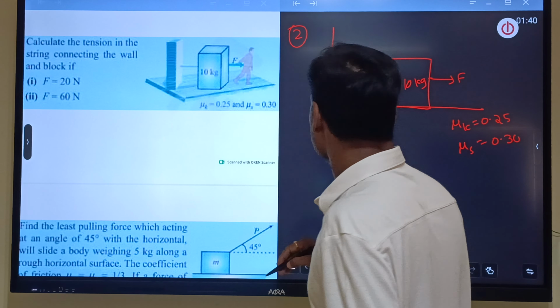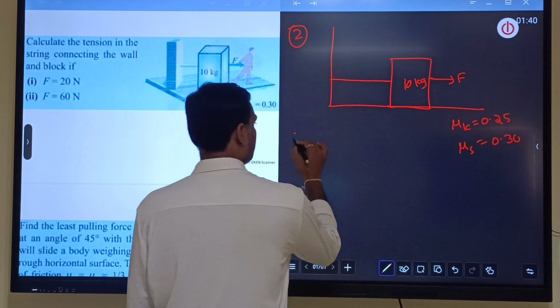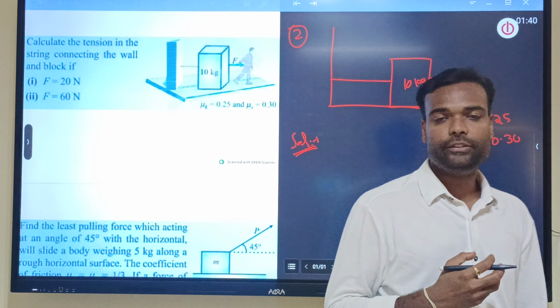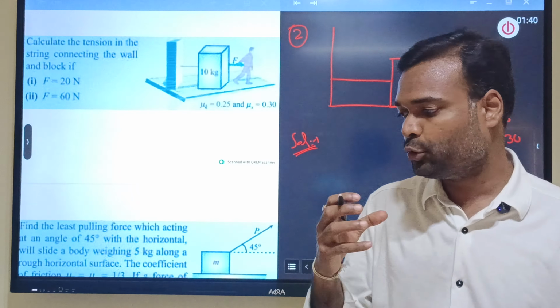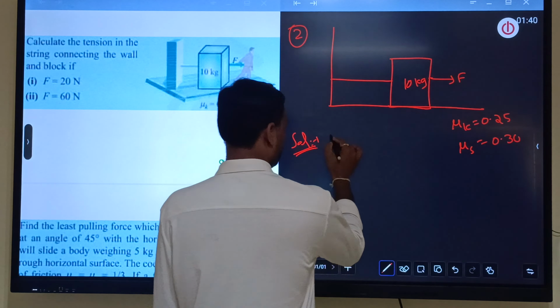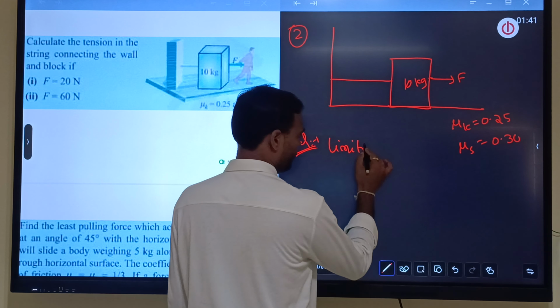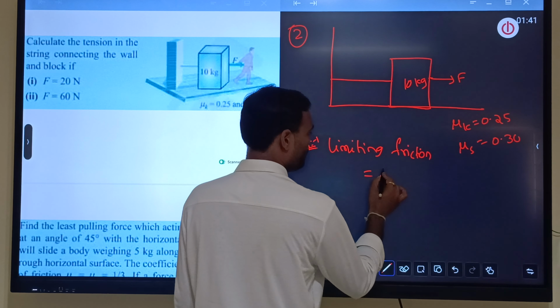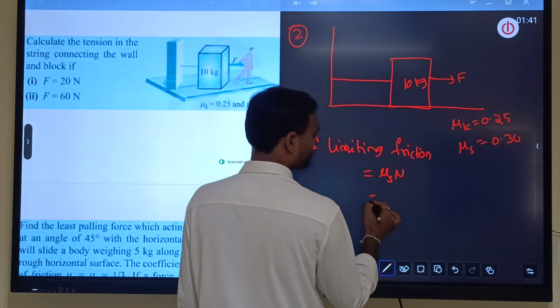If the applied force is 20 newtons, before that, as I told you in our previous class, what is the required amount of force to be applied on the object to make it move? That is limiting friction. That value is limiting friction. The value is mu s N.